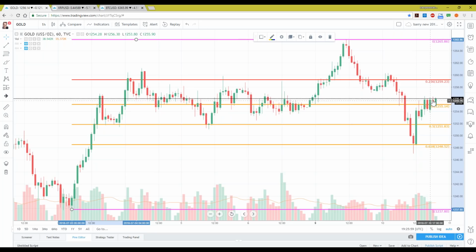It's broken above and staying above. So we would look at price moving back up to that 23.6 level and back up to the 100% level. But we can see how these fib levels have really held on to it quite well. So that tells us that this could be a good, honest retracement of this short-term downtrend.